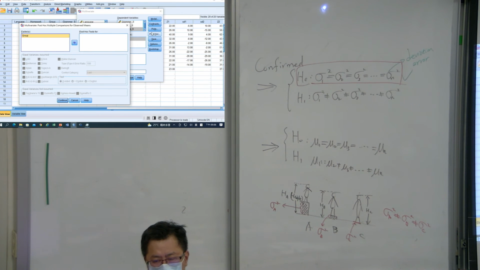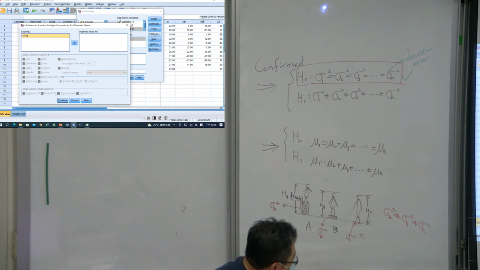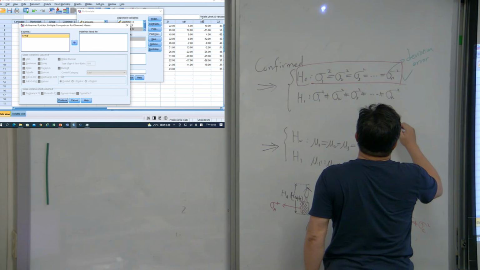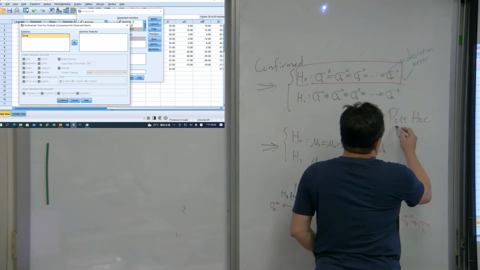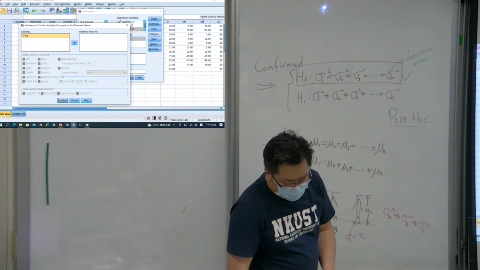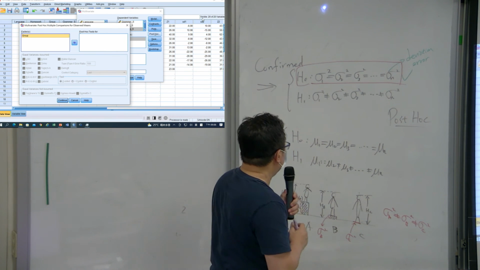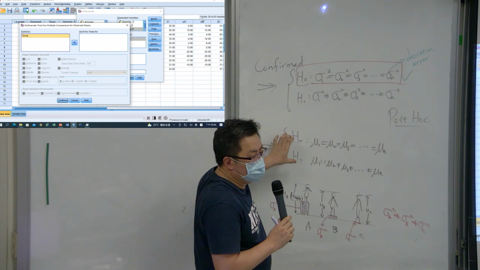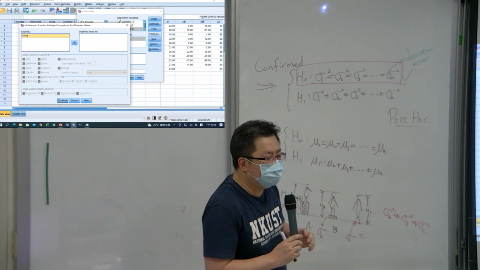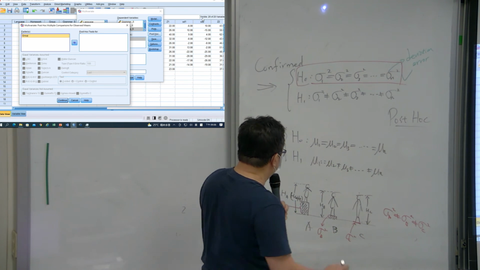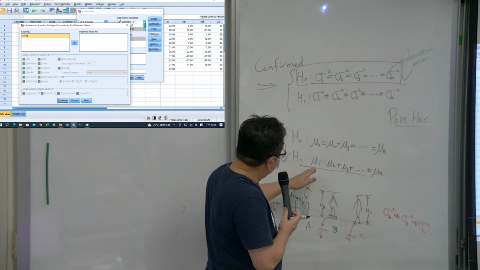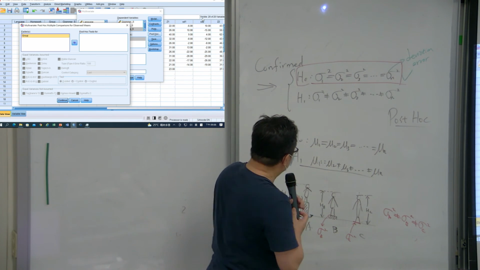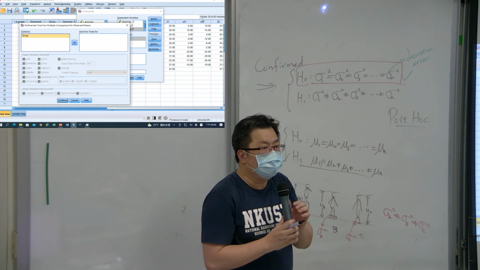What is the post hoc? In ANOVA, if H1 holds, that means the means of the populations are different.